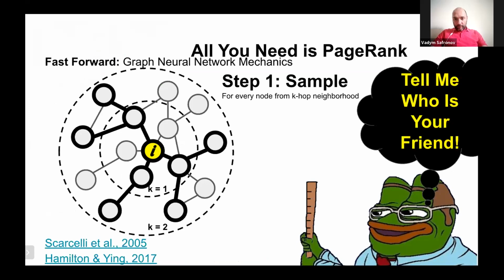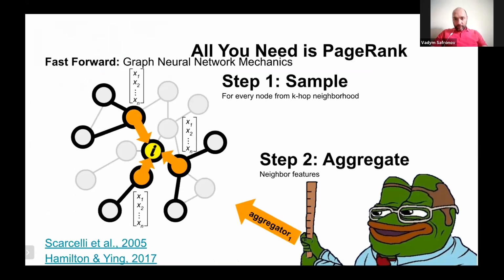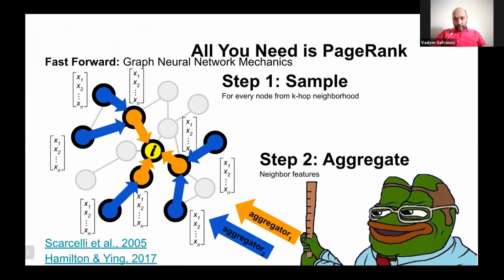We define the neighborhood, and then we combine features of those neighbors. First, we do so linearly, and this makes the RolX algorithm. If we do so non-linearly, it makes a graph neural network.